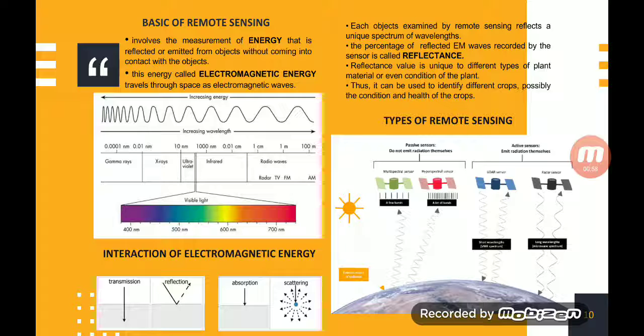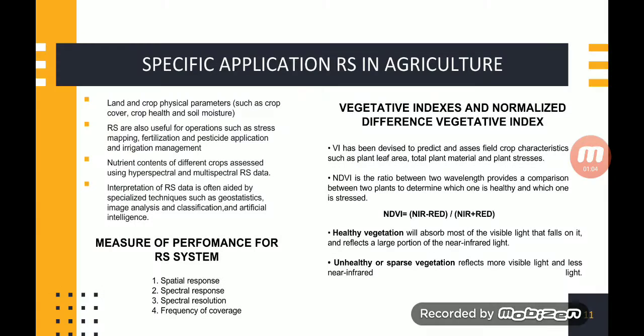So for specific applications of remote sensing in agriculture, basically it can be used for monitoring of the land and crop physical parameters. For example, crop cover, crop health, and soil moisture.